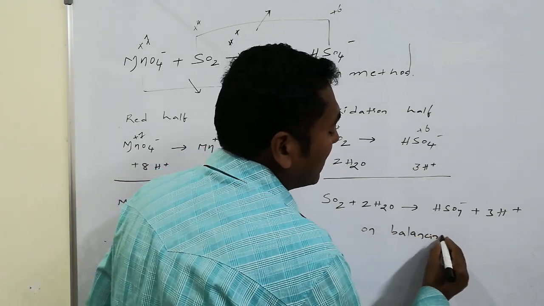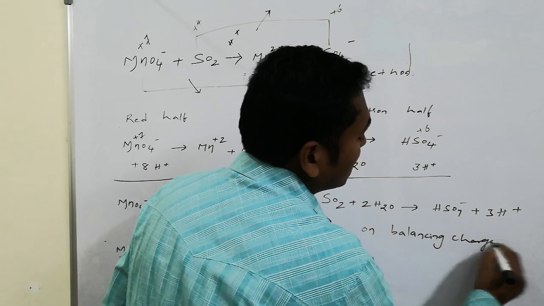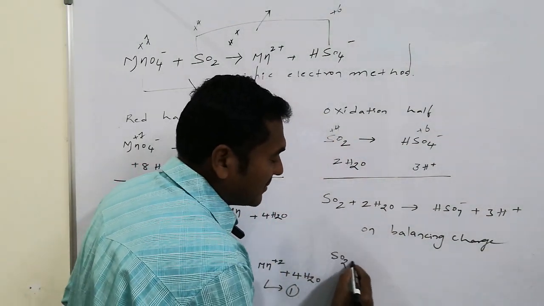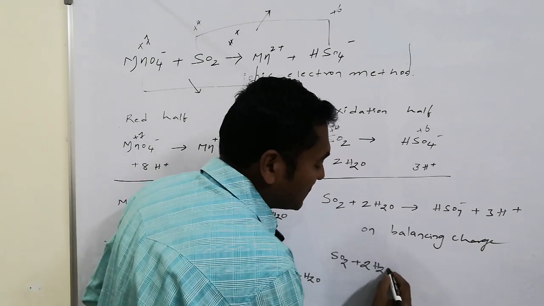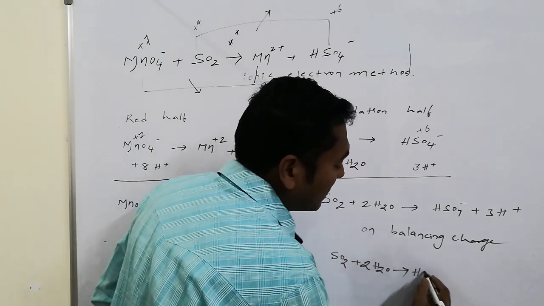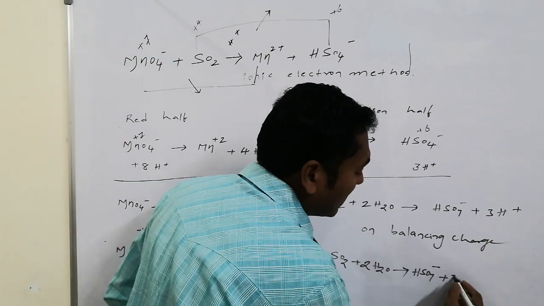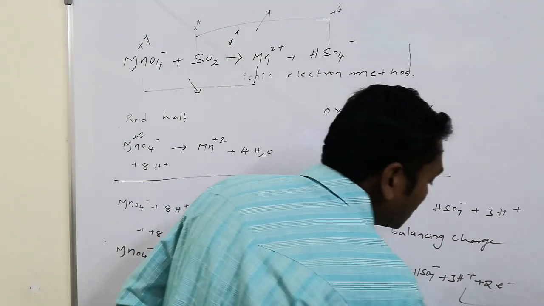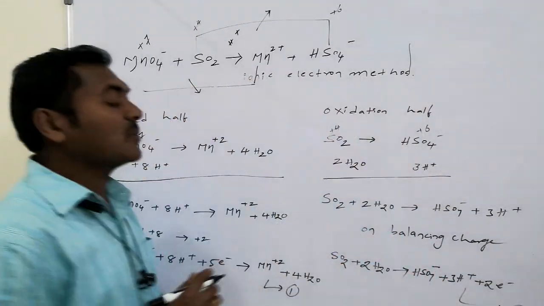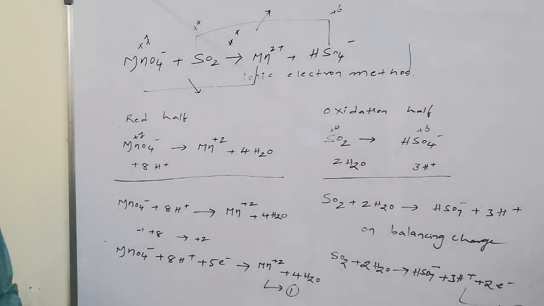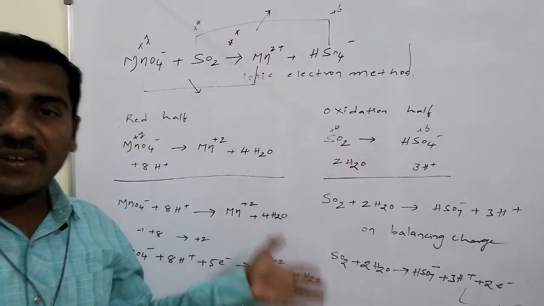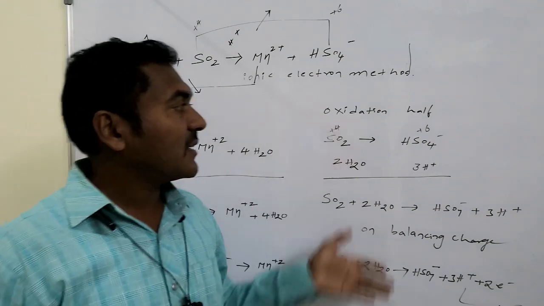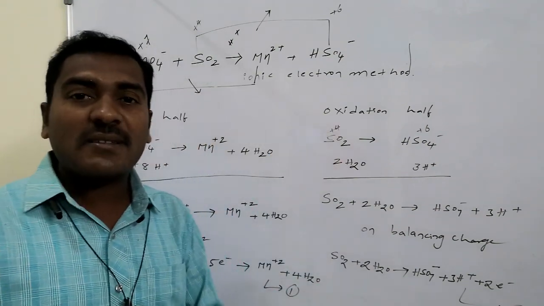After balancing charge, this appears as sulfur dioxide plus 2H2O reaching the state of HSO4 minus plus 3H plus. It is possible if it loses how many electrons? 2 electrons. This is oxidation, losing of electrons. This is reduction, gaining of electrons. Now this first is the balanced reduction half equation, and this second is the balanced oxidation half equation.